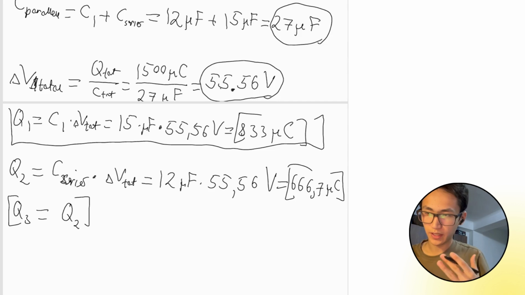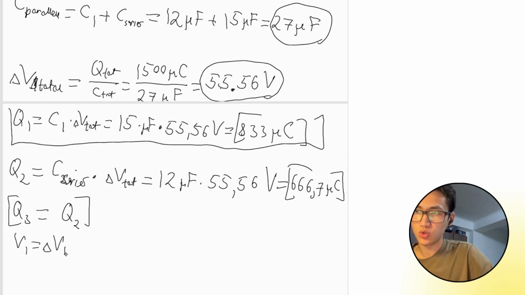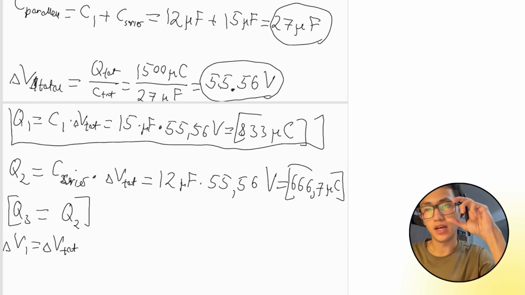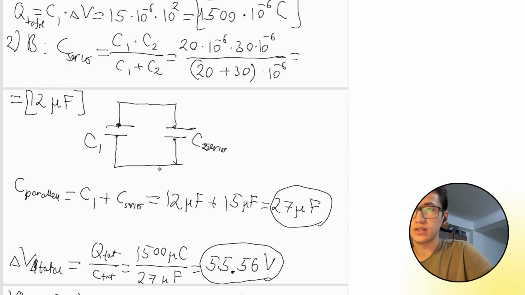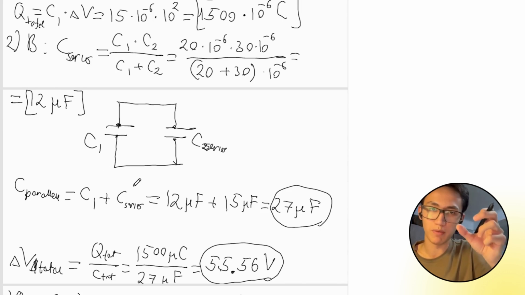We have found all charges, and now I need to find the voltage across each capacitor. As you can see, V1 will be equal to the total voltage. Why? Because C1 and the series combination are connected in parallel, and their voltages are the same.